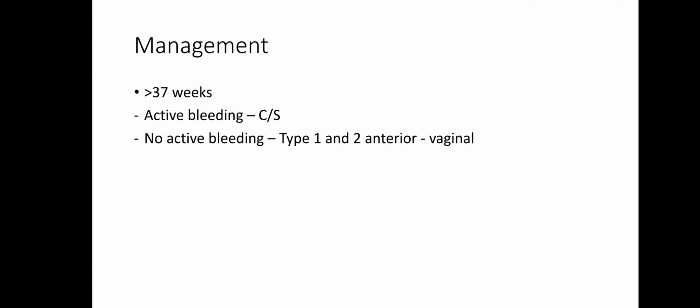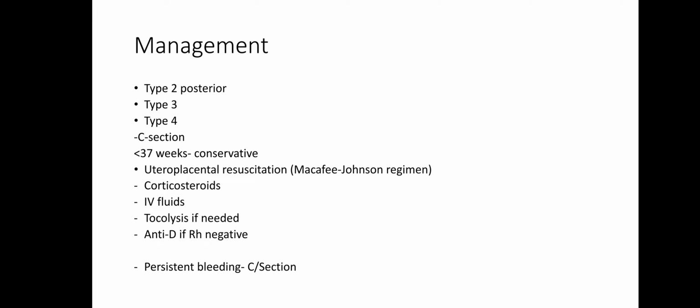However, if there is no active bleeding, the minor degree placenta previa, which is type 1 and type 2 anterior, you can attempt vaginal delivery. Now type 2 posterior, type 3 and type 4, which are the major degrees of placenta previa, you have to deliver through C-section because of the compromised location of the placenta. So basically, after 37 weeks, two things you look at. Either it's minor or major. Minor degree, you can try vaginal delivery. Major degree, C-section.